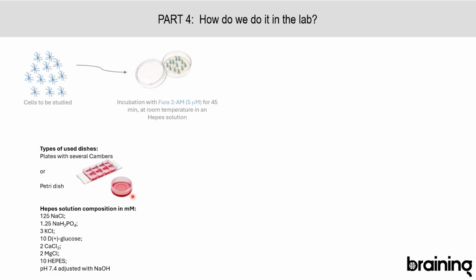We always use plates with several chambers or a petri dish, but they need to have a glass cover slip on the bottom due to the objectives that we use. So usually they are not on plastic, they're on glass, and that's important. And this is usually the solution composition that we use in our lab.